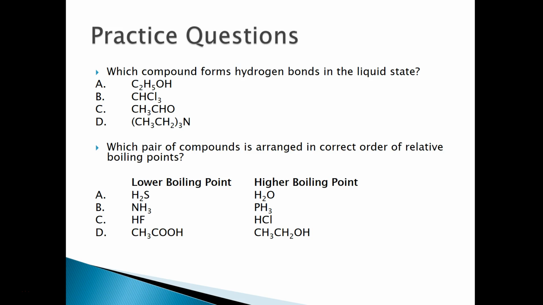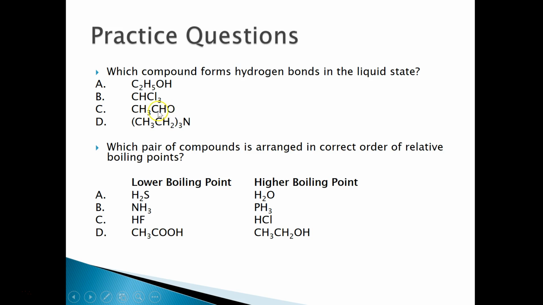All right, so which compounds form hydrogen bonds in the liquid state? Now, in order to form hydrogen bonds, you have to have oxygen, nitrogen, or fluorine bonded to a hydrogen atom. So if we look at choice D, we have nitrogen in the molecule, but the nitrogen atom is bonded to three ethyl groups. So it's bonded to three carbon atoms, no hydrogen. If we look at choice C, that is an aldehyde.